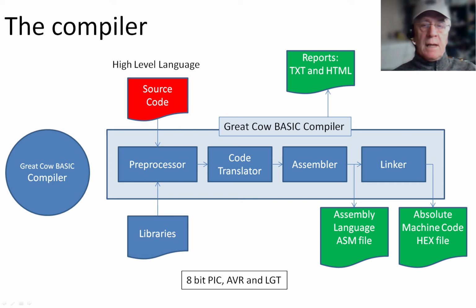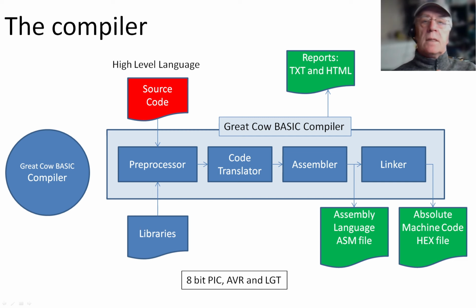They get passed to the assembler, and the assembler generates a series of reports in terms of text files and HTML files. At that point, it will push out an assembly file that you could actually review, and it looks like assembly as published. It will be the Microchip or the LGT assembly listing.